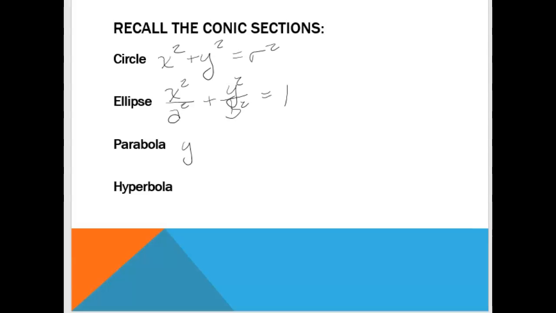Parabola, one of the variables is squared and one isn't. And hyperbolas, we had a difference rather than a sum. Looks similar to an ellipse, but it's a difference rather than a sum. So those are what we had, conic sections in 2 dimensions.